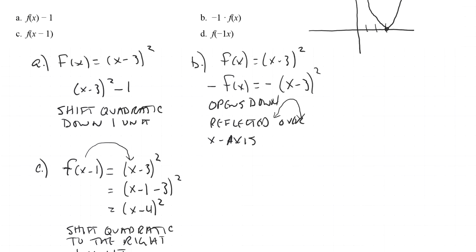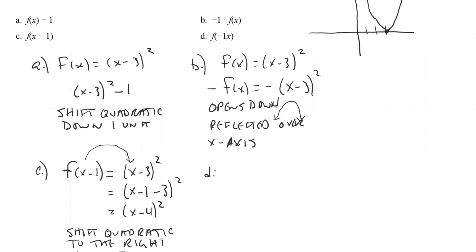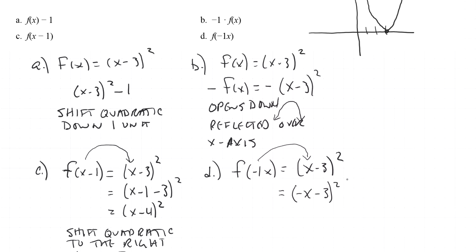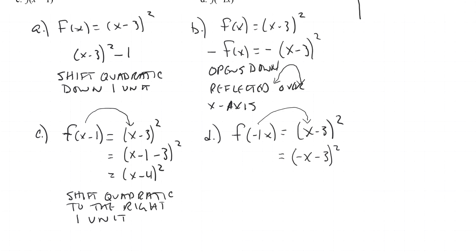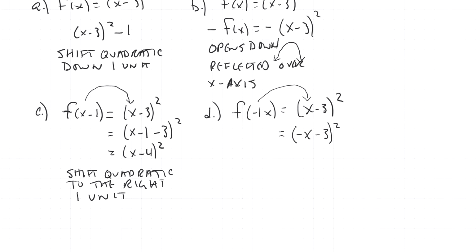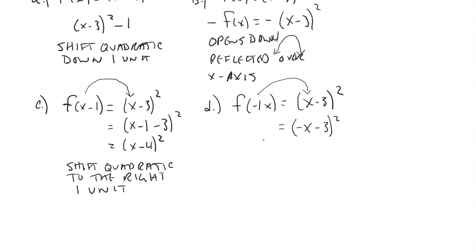All right, and then the last one is we're going to take f of negative x, which equals (x minus 3) squared, and we're going to substitute that in here, and so it equals (negative x minus 3) squared. Okay, so I didn't exactly know what was going to happen with this, so I graphed it with the calculator, and what happened, we're here at 1, 2, 3, and we've got this.